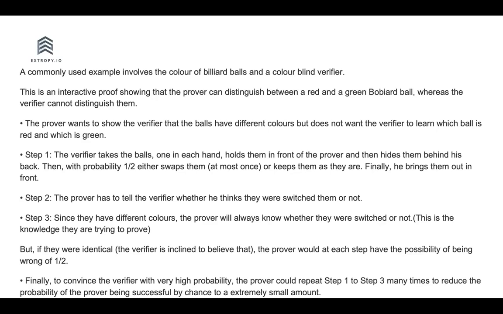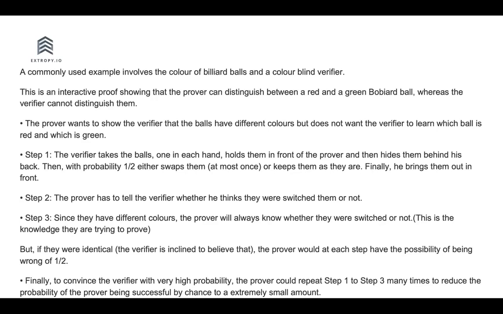Now, depending on how much faith Victor has here, he can repeat this process a number of times, but eventually he will no doubt accept that the probability that Peggy can have successfully guessed the answer correctly each time is vanishingly small. And so eventually he will concede this proof, this iterative proof, that Peggy does indeed know that there is a difference between these two billiard balls.